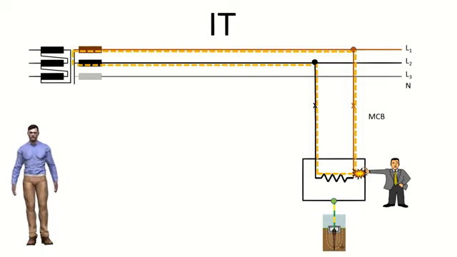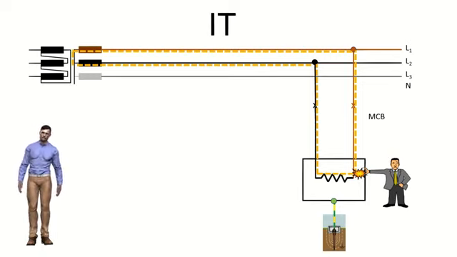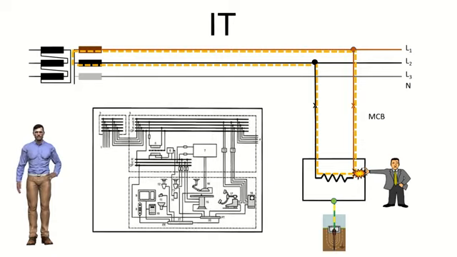For this reason, it is said that this type of scheme supports a first defect between phase and mass, which makes it used in critical applications where it is necessary to ensure service continuity, such as in operating rooms and hospital intervention rooms. These IT scheme areas are normally generated from another scheme using special isolation transformers.